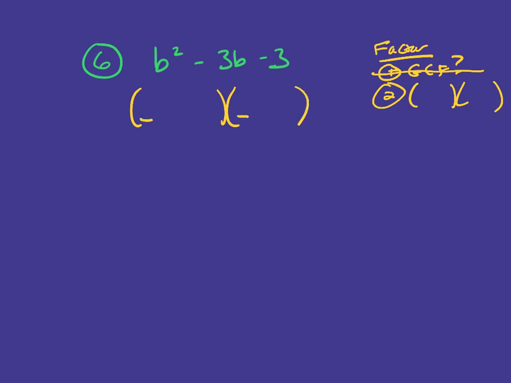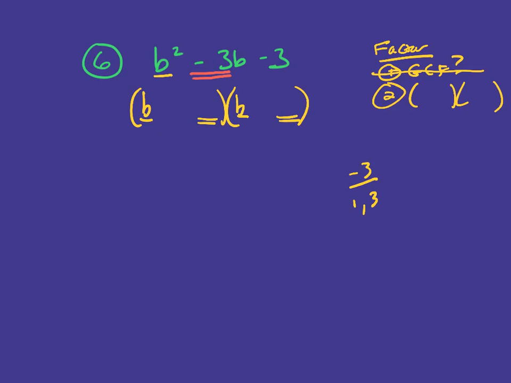The first thing in both those parentheses has to multiply to b squared, so b and b, and then the last thing in both of those parentheses has to multiply to be negative 3. Not a lot of options there, just 1 and 3 are the only things that can multiply to be 3. And then it's just a question of what the signs would need to be in order to get them to add to be negative 3.